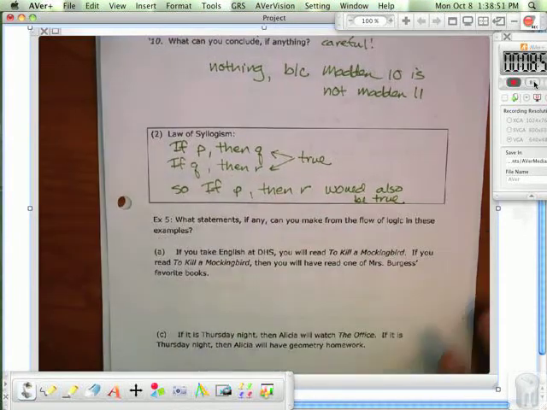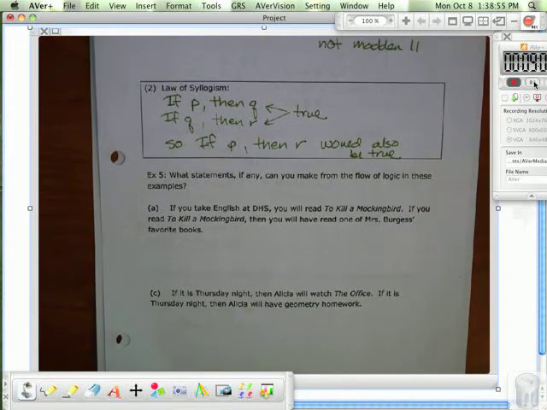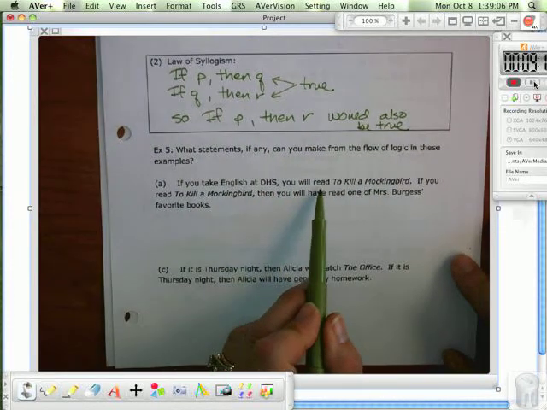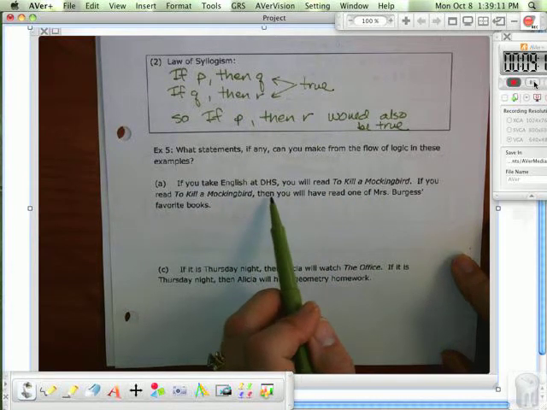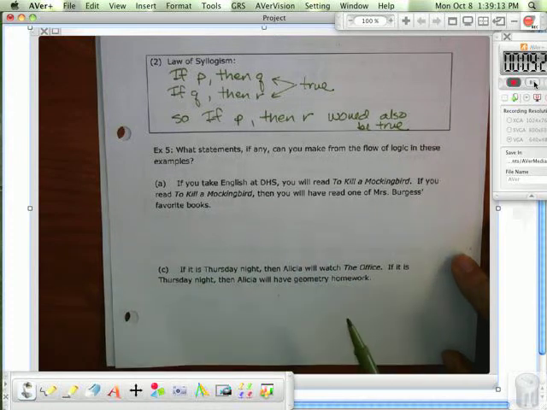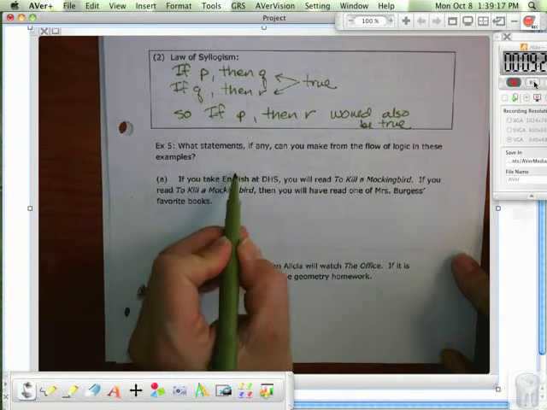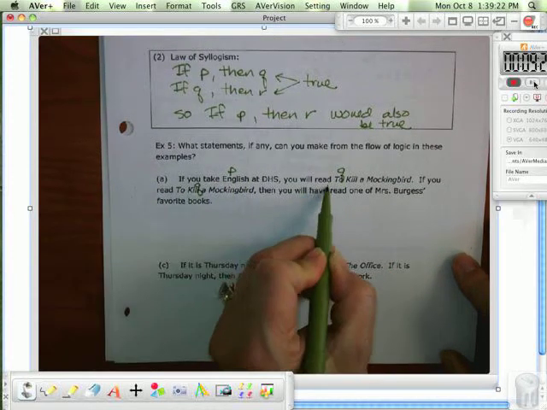Now, what statements, if any, can you make from the flow of logic in these examples? The flow of logic is when they're throwing out some if-then statements. It says, if you take English at DHS, you will read To Kill a Mockingbird. If you read To Kill a Mockingbird, then you will have read one of Mrs. Burgess's favorite books. So we have P and Q, and then we have Q and R, just like up here.